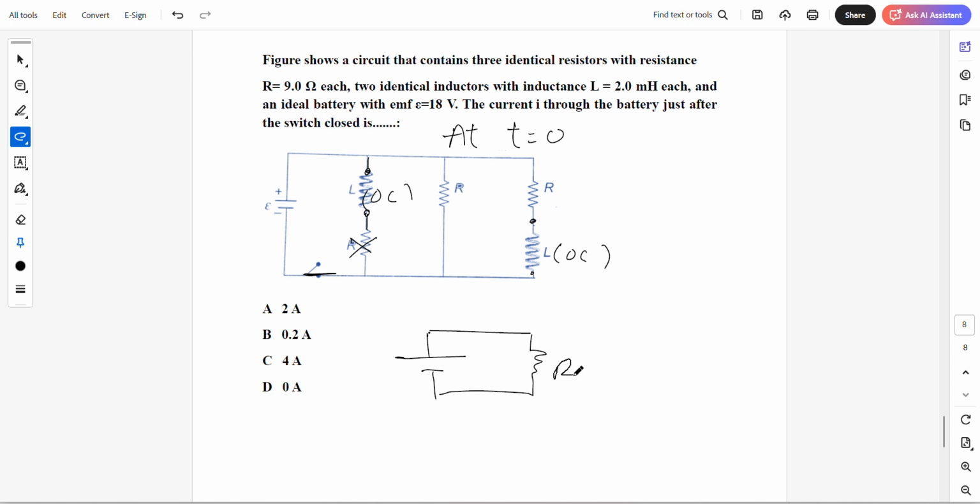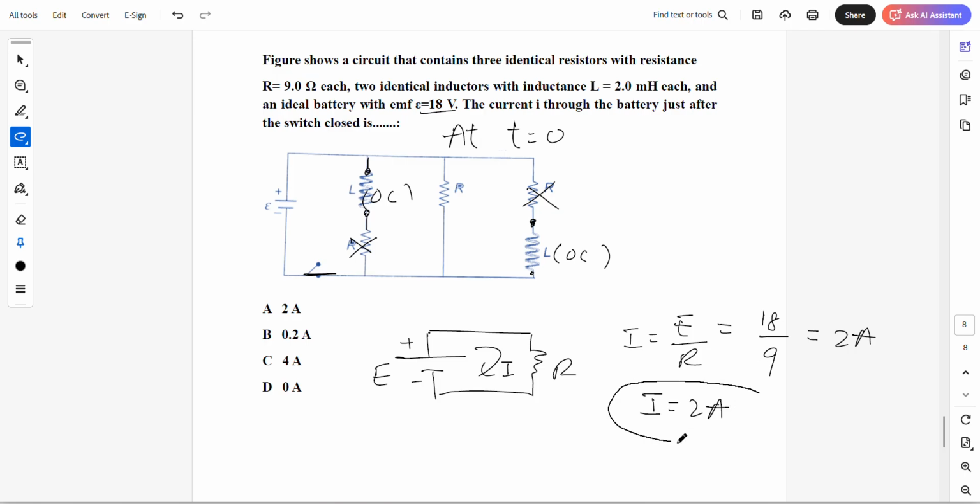No current flows through the open part. This is plus minus E, R. How much is the value of I? I is equal to E by R. E is 18 volts, R is 9 ohm. That is equal to 2 amperes.